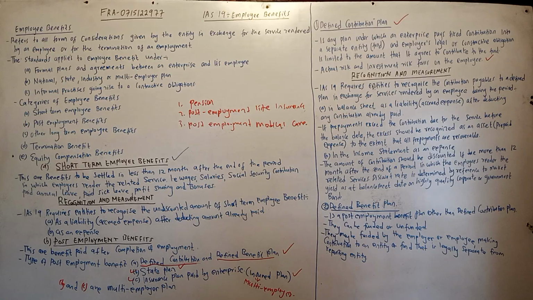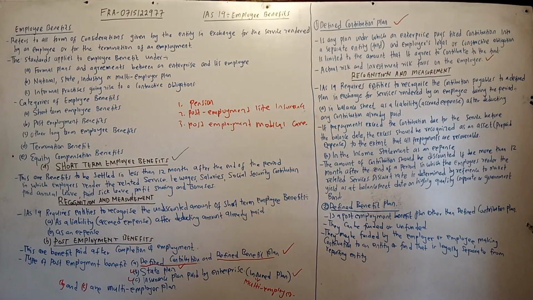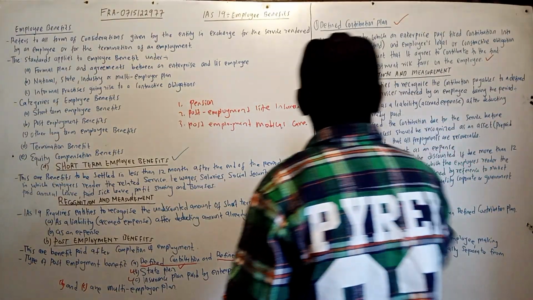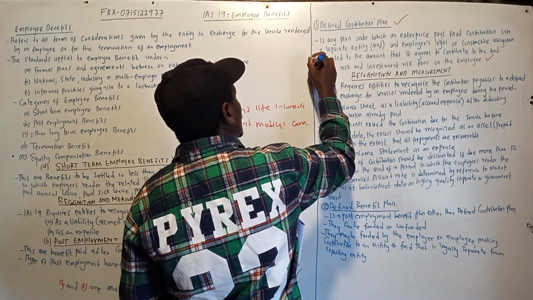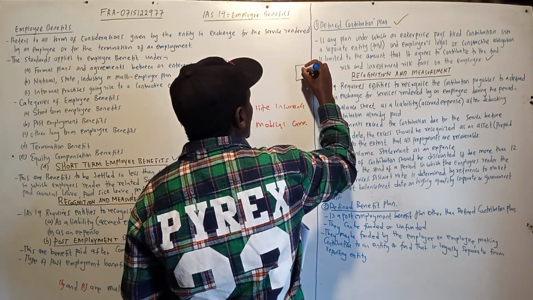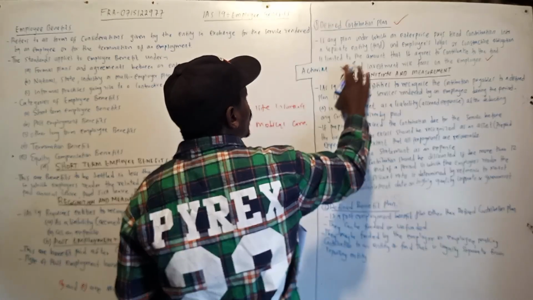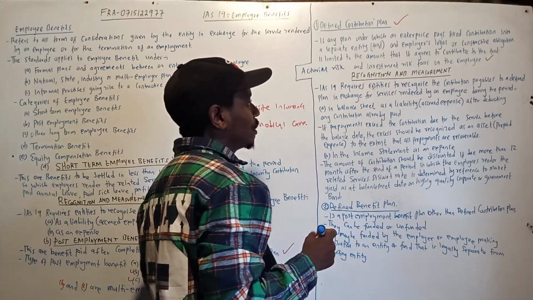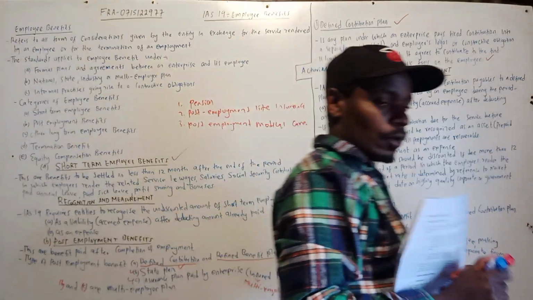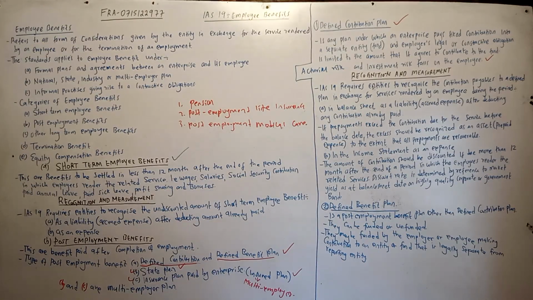Not actual, it's supposed to be actuarial risk. So the actuarial risk and the investment risk fall on the employee. What does it mean when you talk about the actuarial risk?